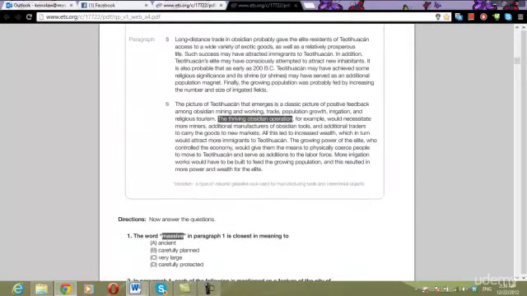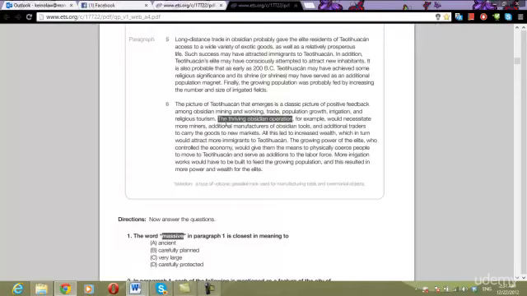The thriving obsidian operation, for example, would necessitate more miners, additional manufacturers of obsidian tools, and additional traders. Alright, this is a two-sentence one. Remember, when we have a two-sentence purpose question, we look at the previous sentence to get the purpose.